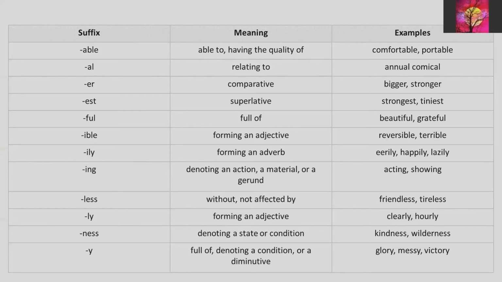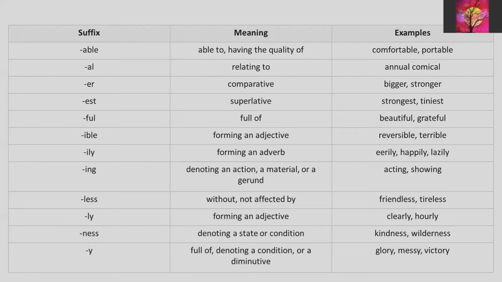Ness, N-E-S-S, is another commonly used suffix which means a state or a condition. So kind plus ness gives us kindness, and wild plus ness gives us wilderness. Y is a suffix which means full of.